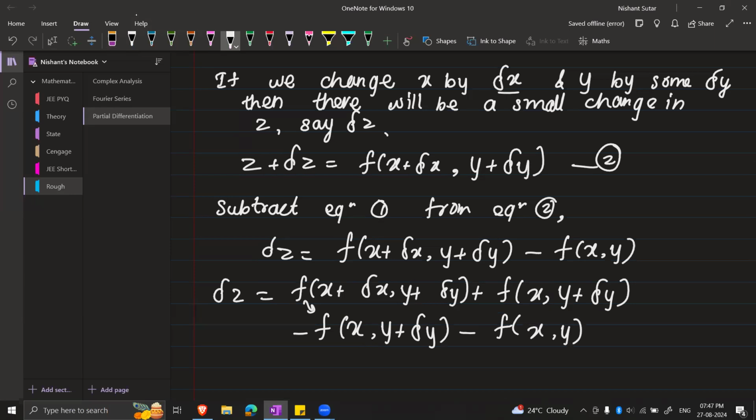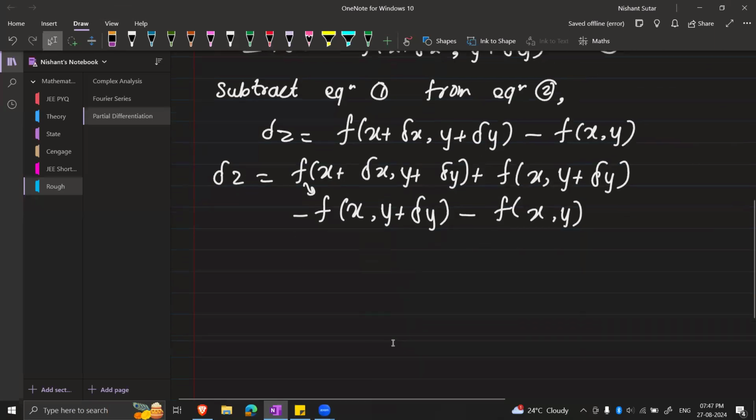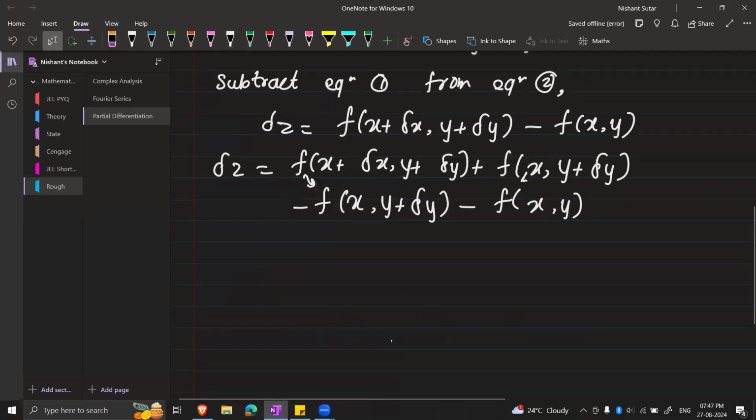Notice these terms. We will club these two and these two.